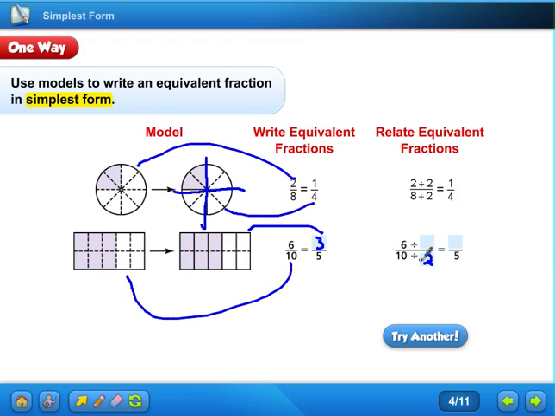So we divide it by 2. So you're going to have to divide by 2 up here. 6 divided by 2 equals 3. And you can always check that by doing the inverse operation. 3 times 2 equals 6. 5 times 2 equals 10.